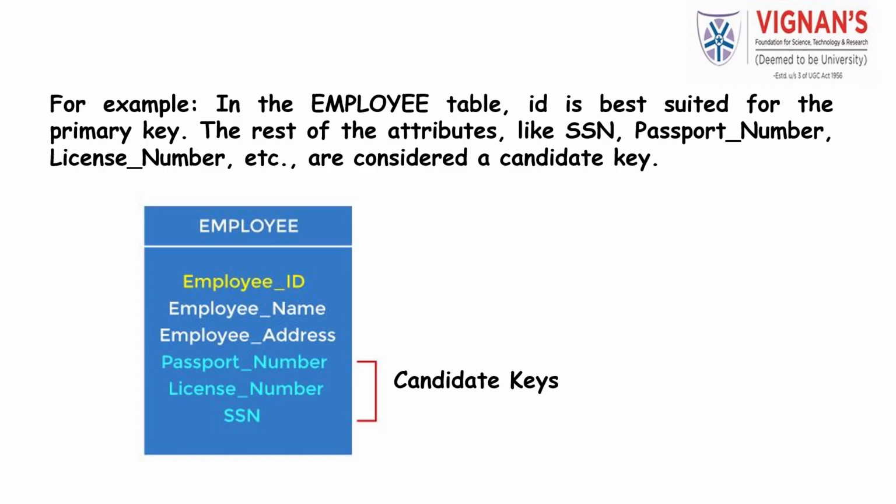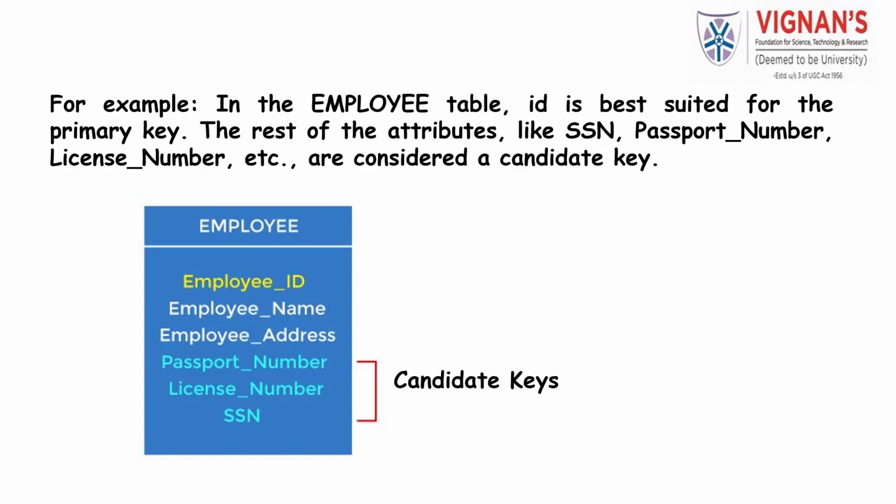In this case, employee_ID is selected as the primary key because it is simple, system-generated, and easy to manage. The remaining attributes like SSN, passport_number, and license_number are still unique and strong identifiers, so they are considered candidate keys.